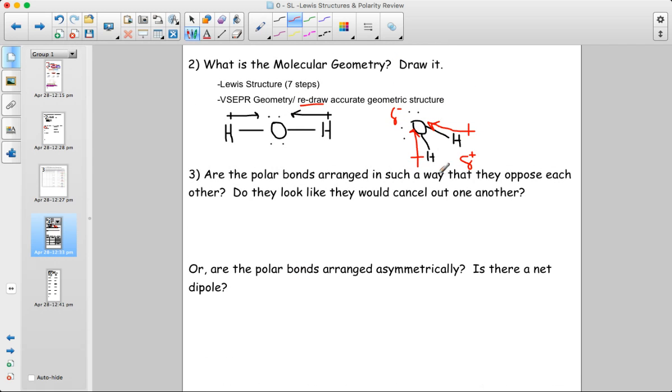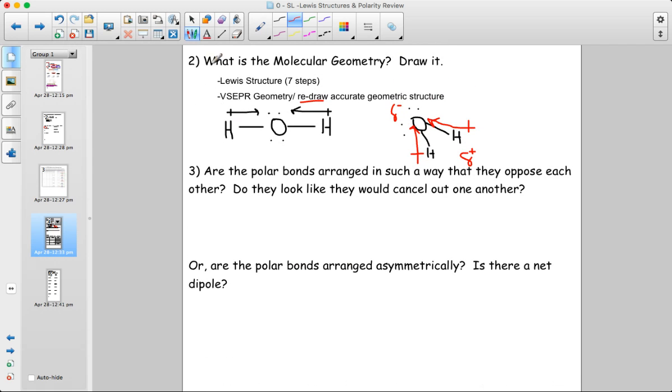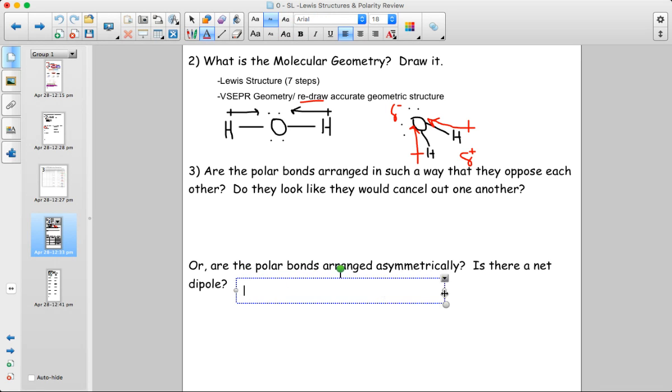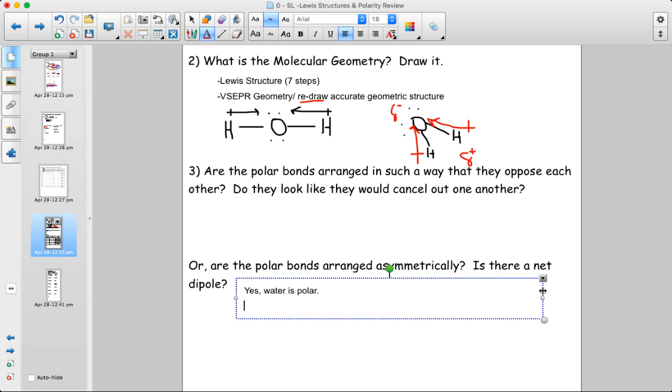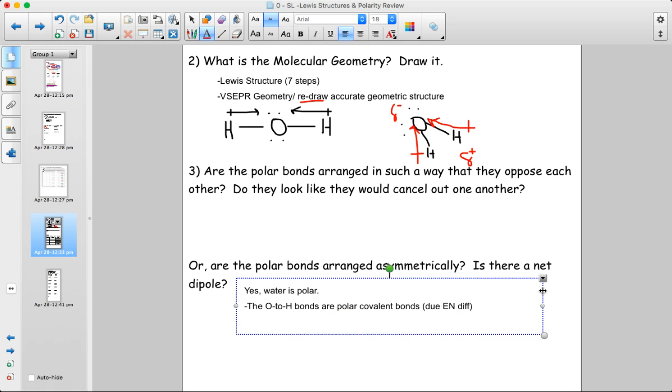And so in the case of water, if they asked us, is water polar or not, we would say, yes, water is polar. Why? The O to H bonds are polar covalent bonds, and you could talk about electronegativity difference if you wanted to.